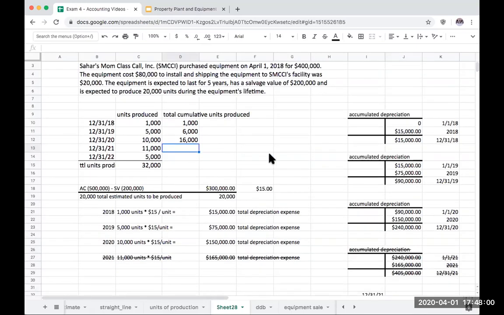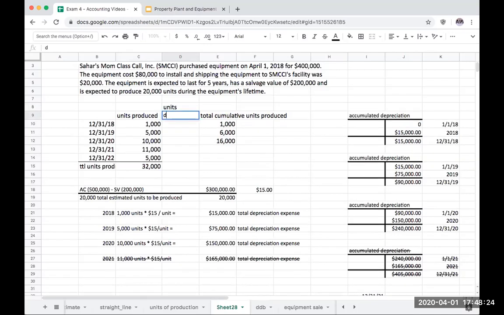So what do I need to do? Well, over here, my total cumulative units and rate, and this is really in our denominator. So the most I can take in 2021 is going to be over here. And let's just add in this one little column. We'll call this units depreciated. And so here it was 1,000, here it was 5, here it was 10.